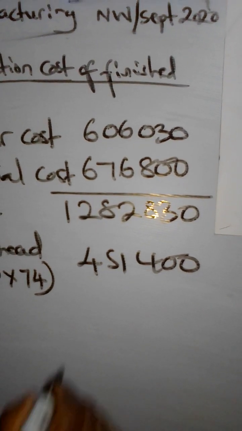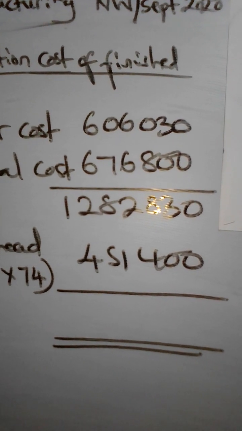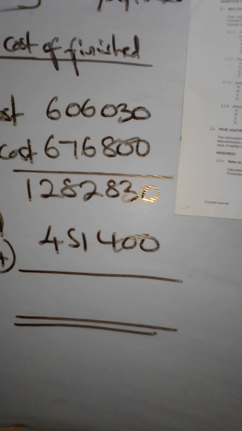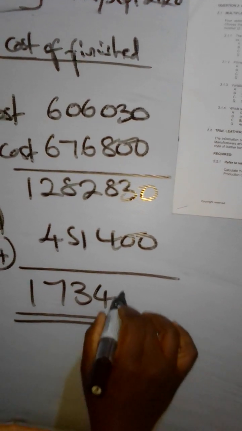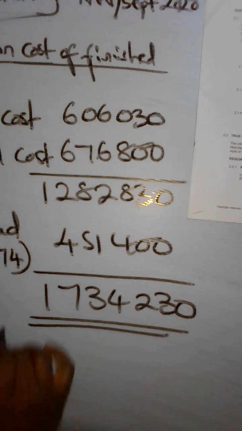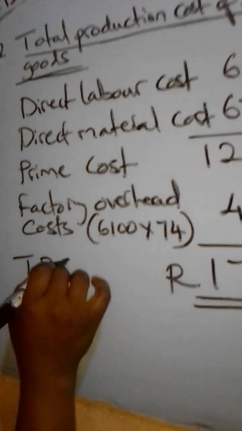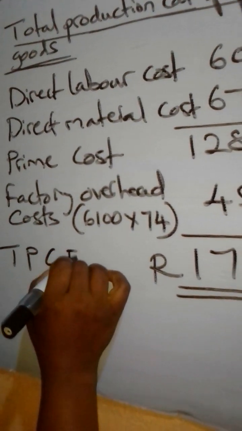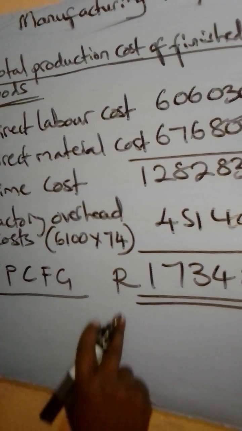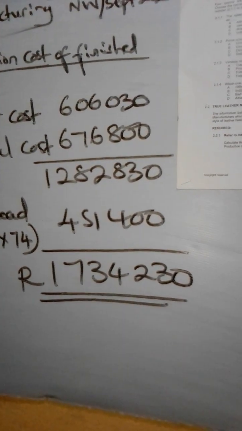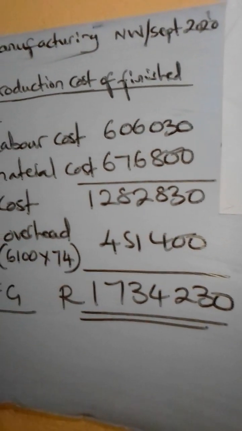So when we add, we'll get 1,734,230. Our total production cost of finished goods is 1,734,230 rand.